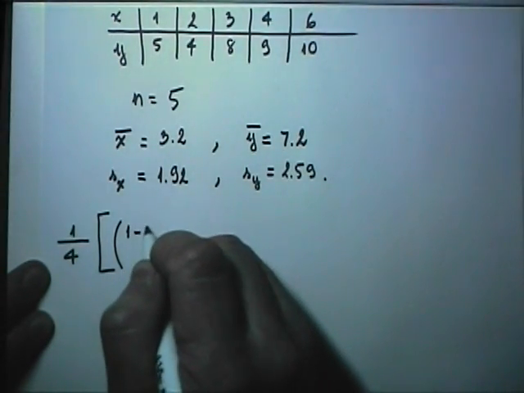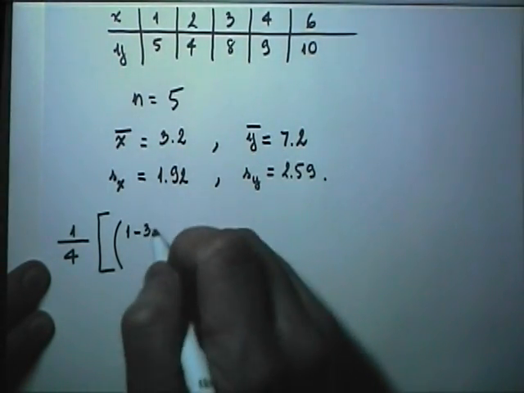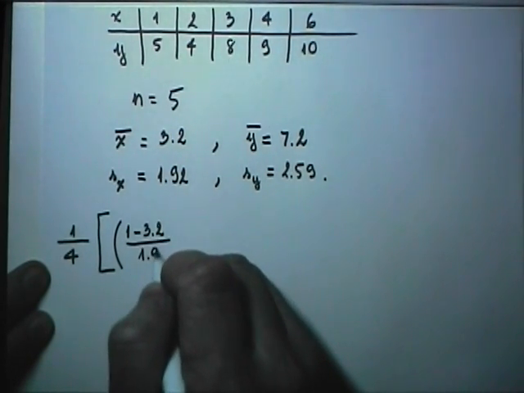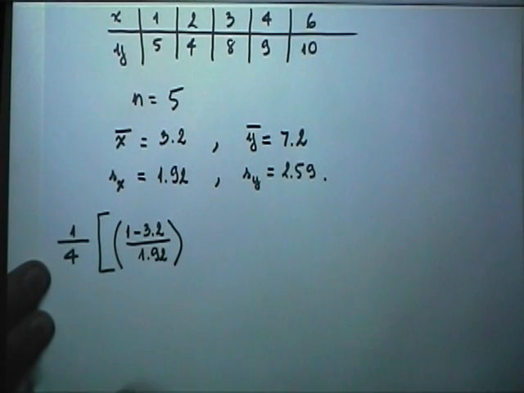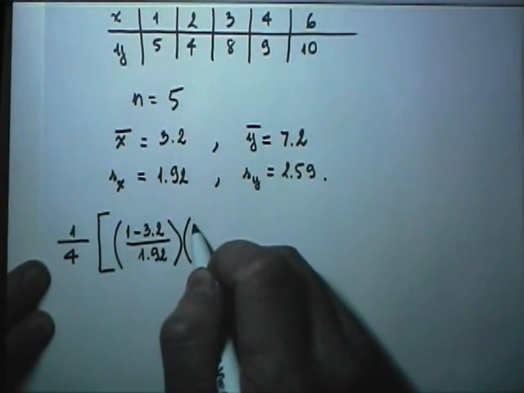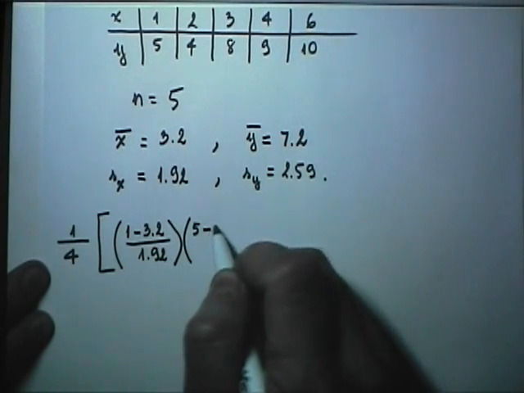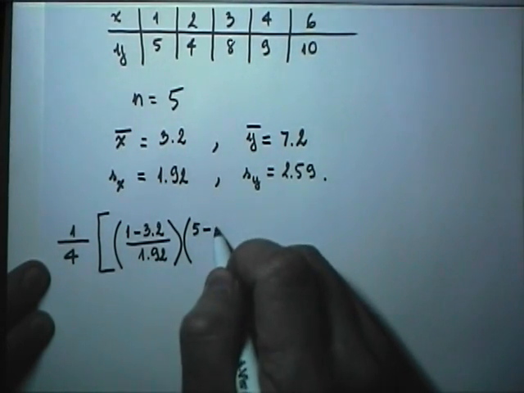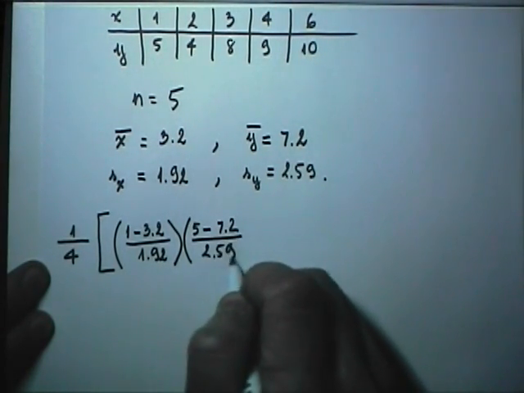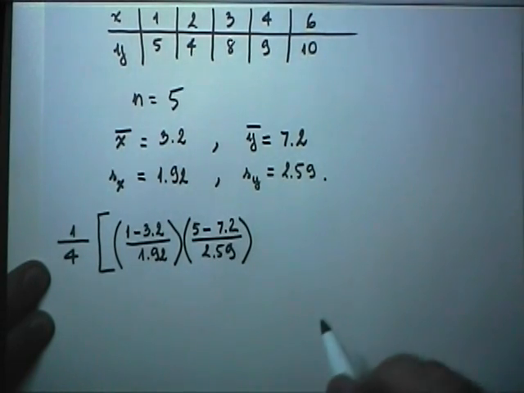I subtract from that the mean for x and divide by the standard deviation for x, 1.92. And then looking down to the y, I pick the first item, 5 minus 7.2, which is the mean, divided by 2.59. And I'm done for my first item.